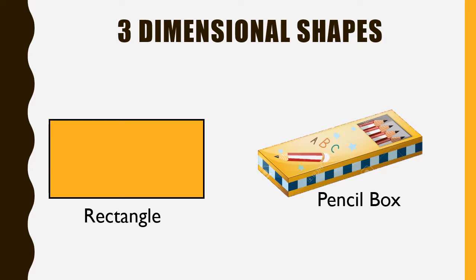You will say it's a rectangle. But children, if you see carefully, you will notice that it is much bigger than a rectangle. What exactly is this shape? This shape is called a cuboid.